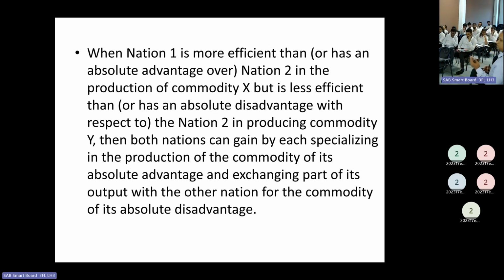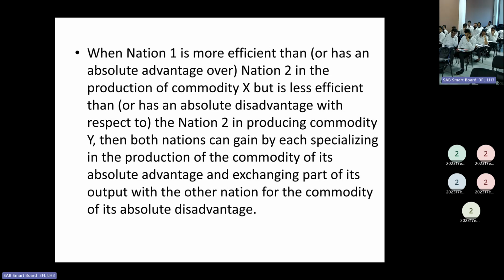Nation two is also producing accordingly, but it has an absolute disadvantage relative to nation one. So those two nations can exchange goods between them based on the absolute advantage. That is the basic idea.